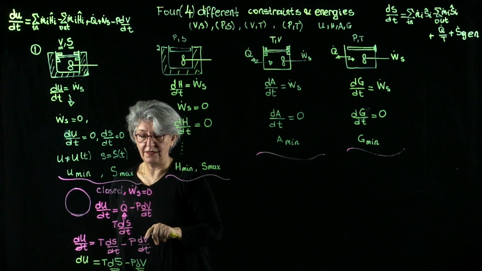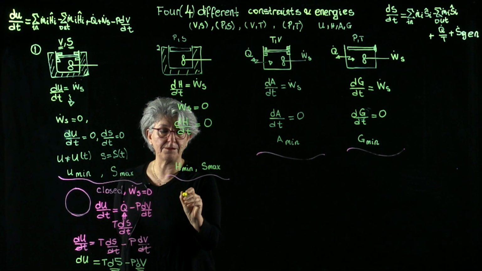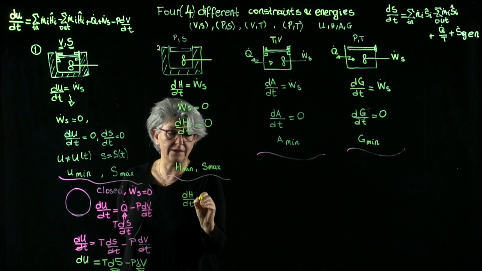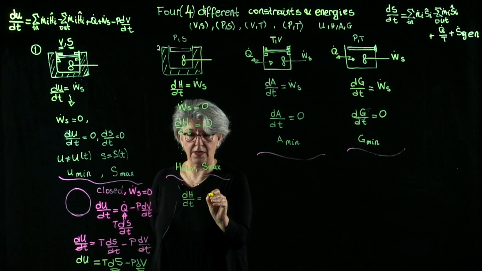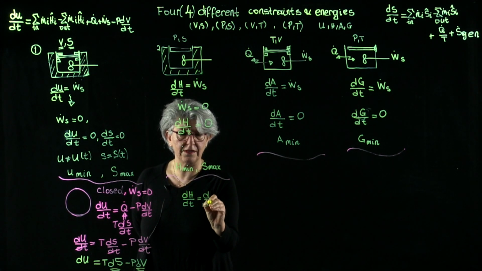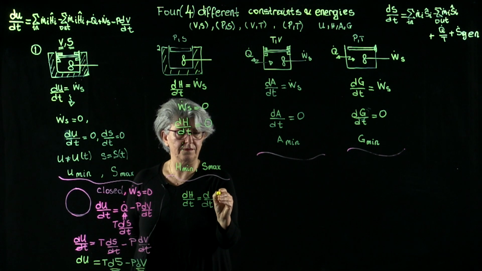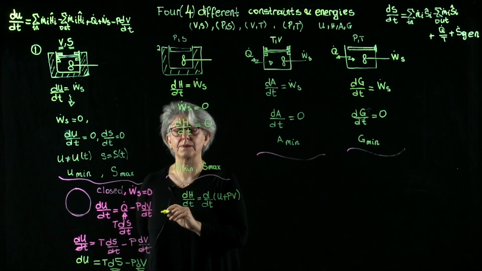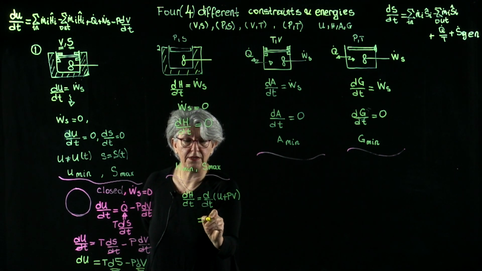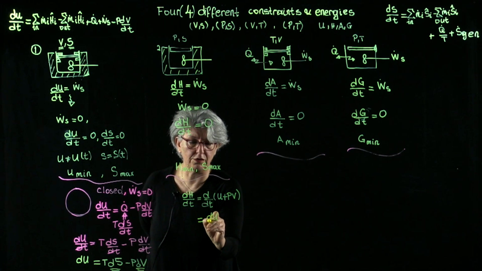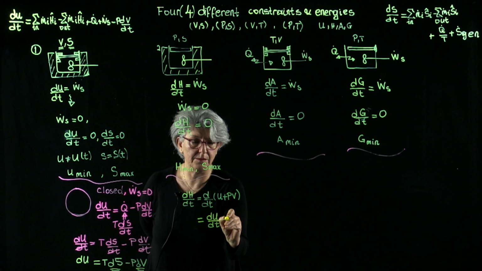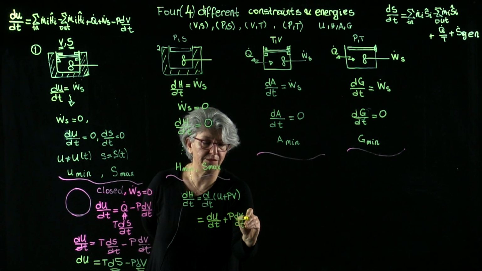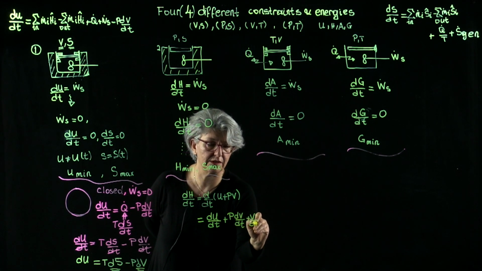Now let's write the definition of the enthalpy. dH/dt is equal to d/dt of U plus PV. This is going to be dU/dt plus P dV/dt plus V dP/dt.